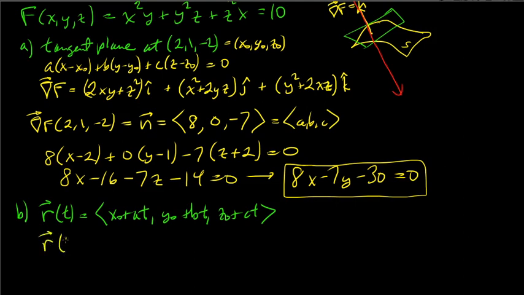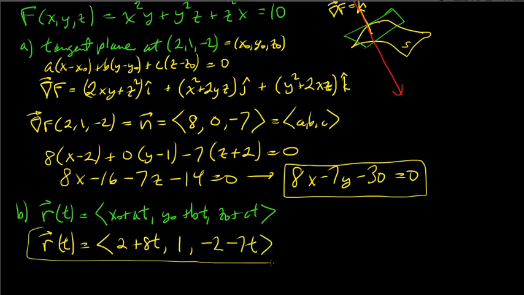So really, it's just writing down the equations, right? x0 was what? 2 plus 8 times t. y0 was 1 plus 0 times t, right? And then z0 was negative 2 plus c times t, so c is negative 7 times t. So, right, those are the parametric equations of the line.